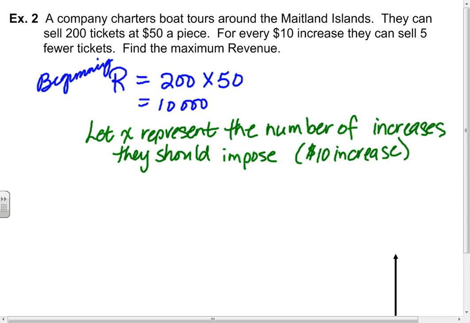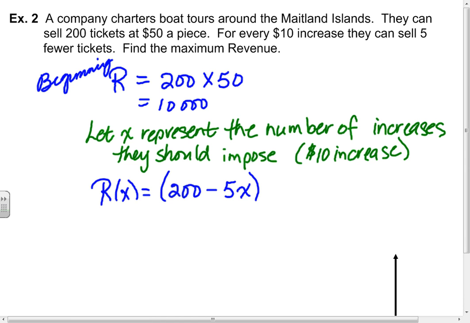So what's going to happen to the revenue is that 200 tickets is going to go down. They used to be able to sell 200 tickets, but every time they increase the price by $10, they sell 5 less. So they're going to sell 5 less times the number of increases they decide to impose. So that's the new number of tickets they can sell.